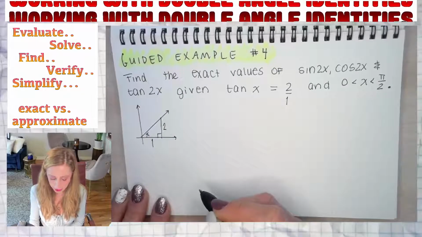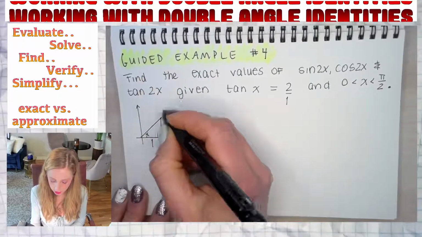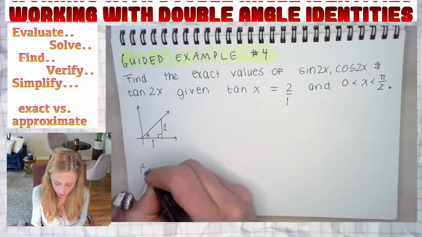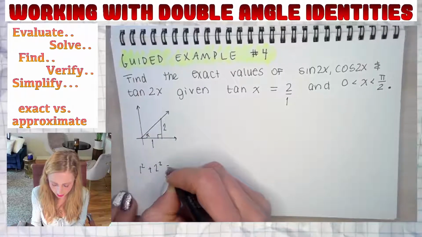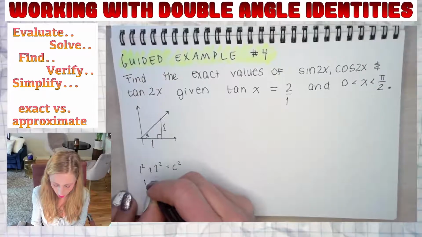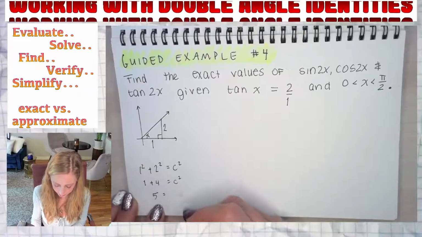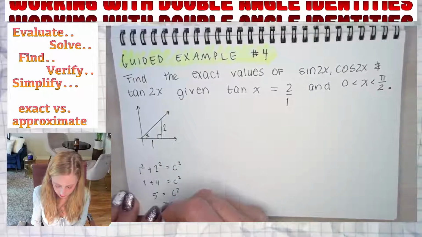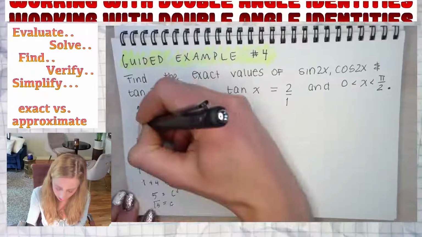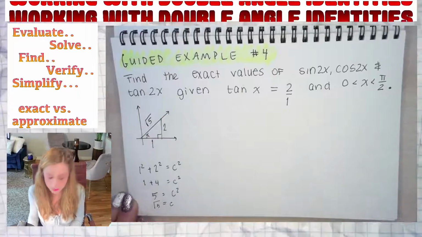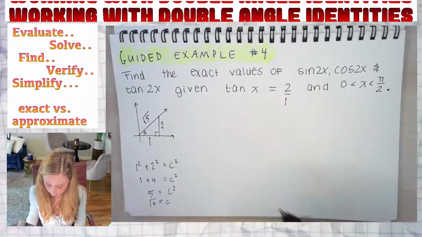Not a Pythagorean triple, so I'm going to use the Pythagorean theorem. 1 squared plus 2 squared equals c squared. 1 and 4, 5. So c equals root 5, and the hypotenuse is never, ever going to be negative.